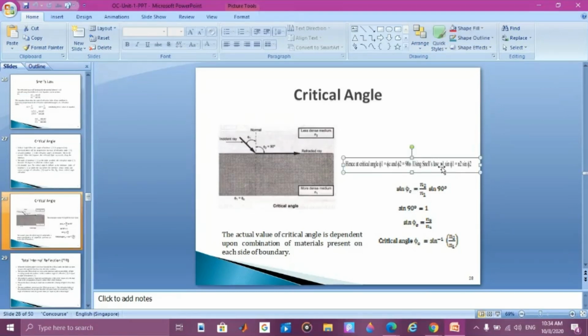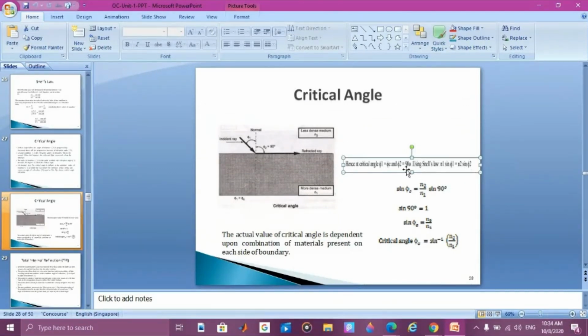Okay, that is n1 sin pi 1 equal to n2 sin pi 2, you know that. So the n1 என்னது? n1 நாங்க கீழே கொண்டு போயிட்டேன். Okay, in the denominator sin pi 1 க்கு பதிலா என்ன சப்ஸ்டிட்யூட் பண்ணிருக்கேன்? pi c, because pi 1 is equal to pi c critical angle. Okay, equal to this n2 divided by n1 into the sin pi 2 என்ன?